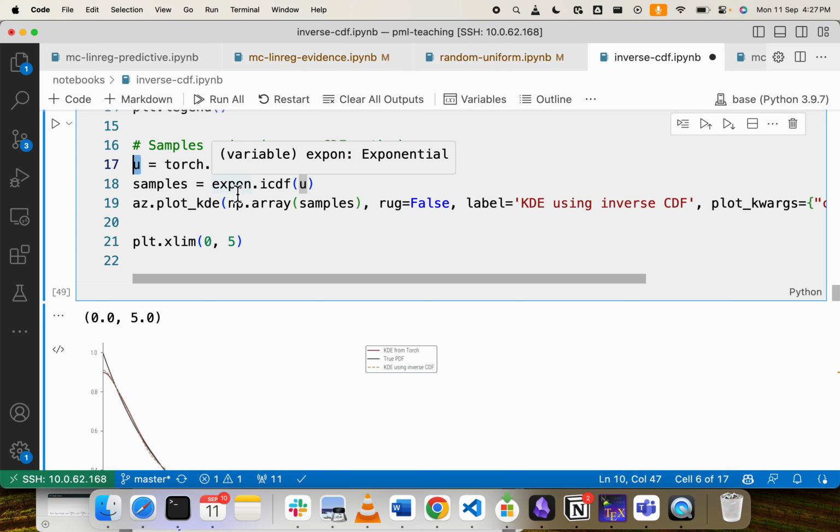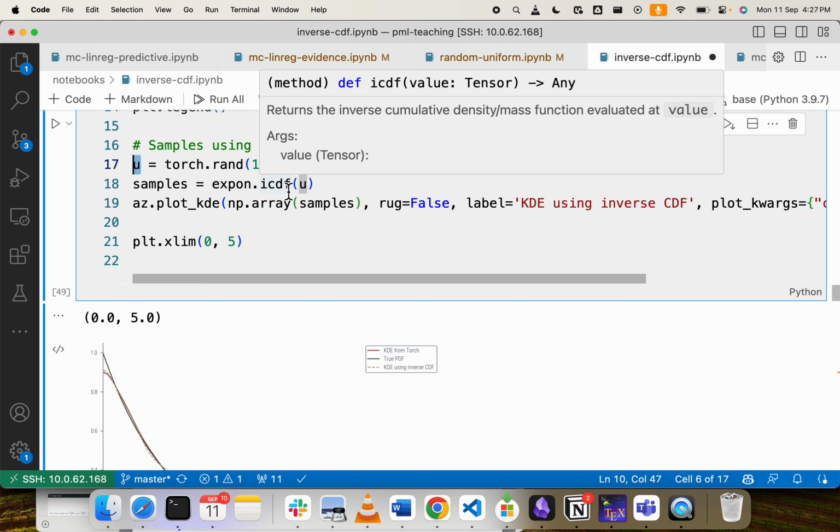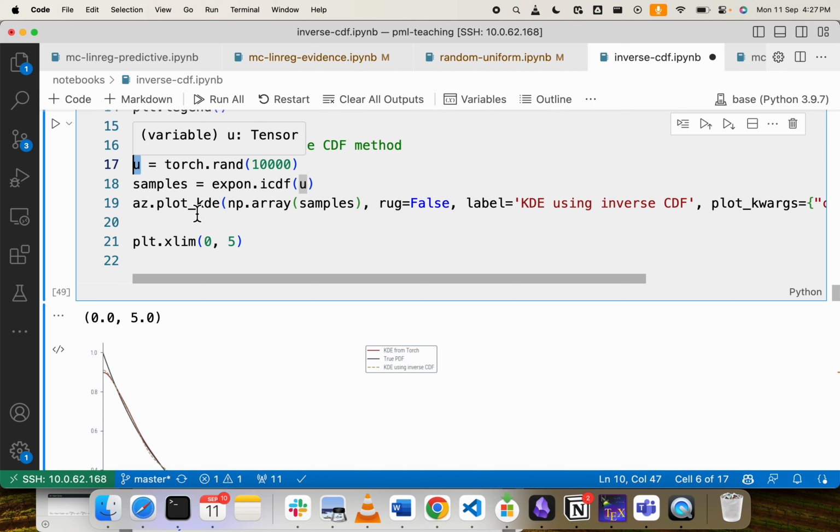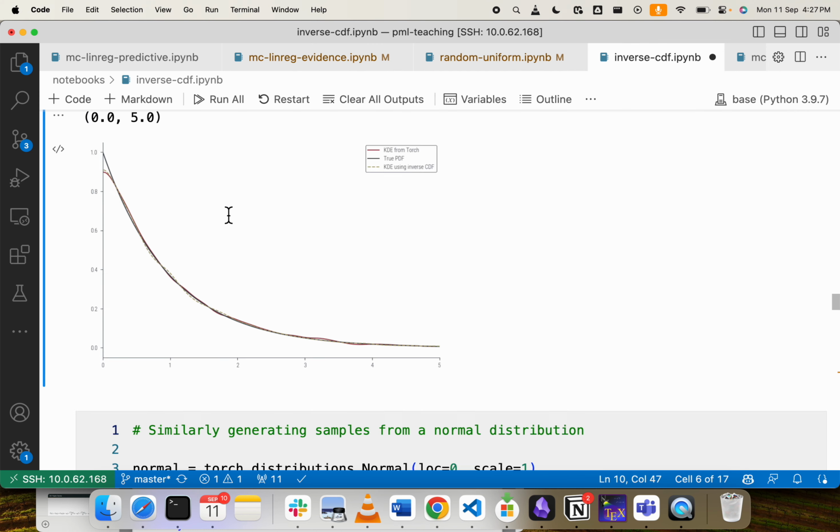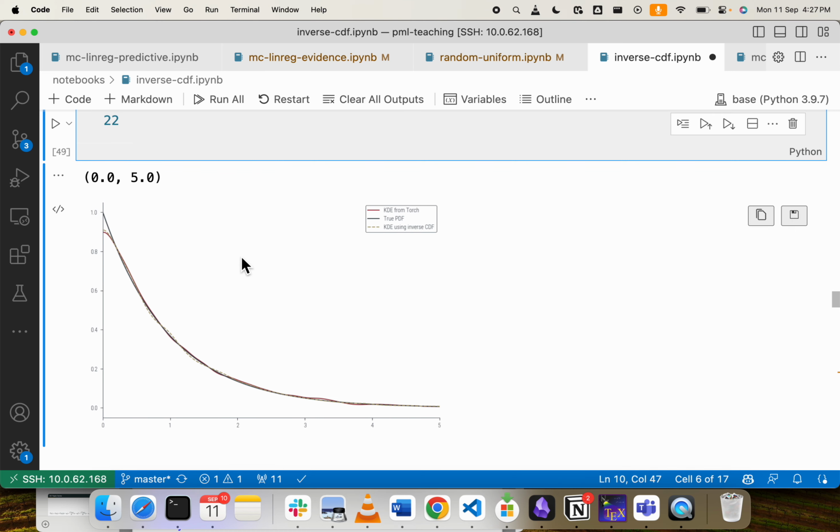So here I use the exponential distribution's icdf function, which is given by the PyTorch library, but otherwise we have also computed it analytically. It's 1 minus e to the power minus lambda x. So we could have just done that also, and just put the value u there. And we are looking at the samples generated through the different methods. One is the true PDF, and the other is the KDE using the inverse CDF method.